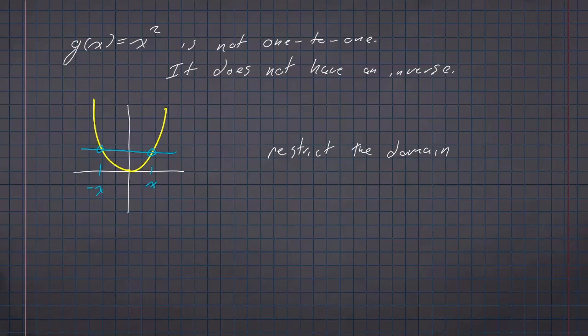Generally speaking, we implicitly assume for any algebraic function that the domain of the function is any value of x for which we can evaluate the function. But that does not have to be the case.